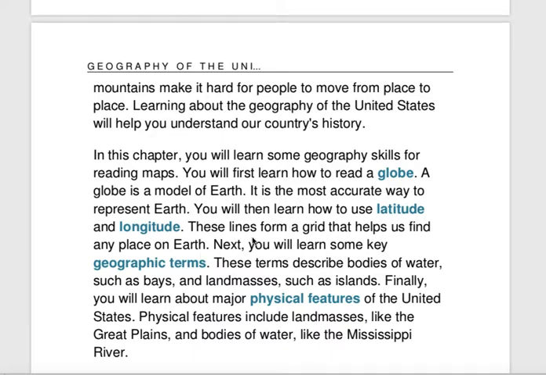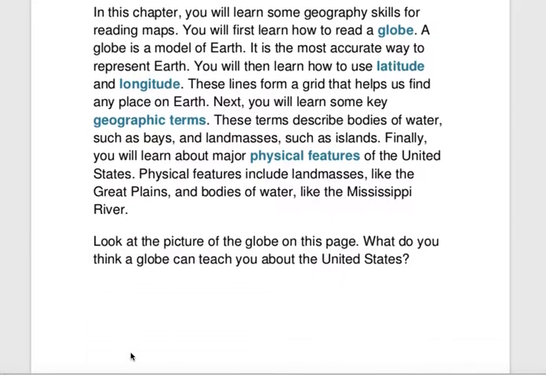Next, you will learn some key geographic terms. These terms describe bodies of water, such as bays, and land masses, such as islands. Finally, you will learn about the major physical features of the United States. Physical features include land masses, like the Great Plains, and bodies of water, like the Mississippi River.